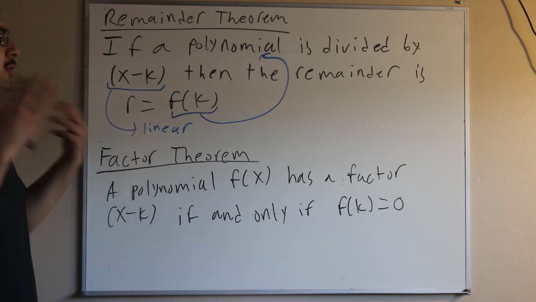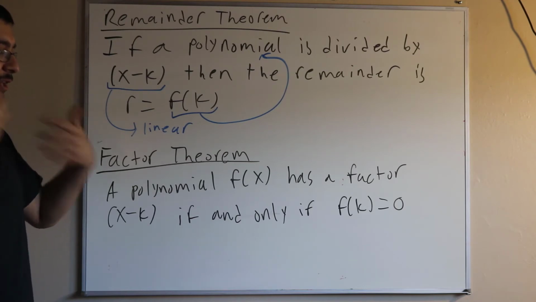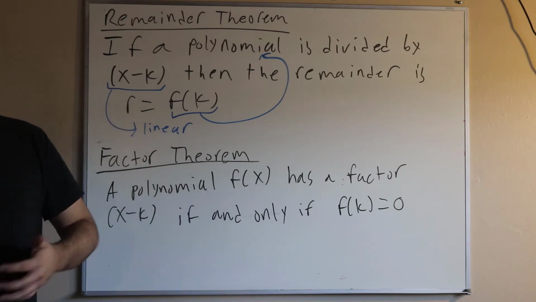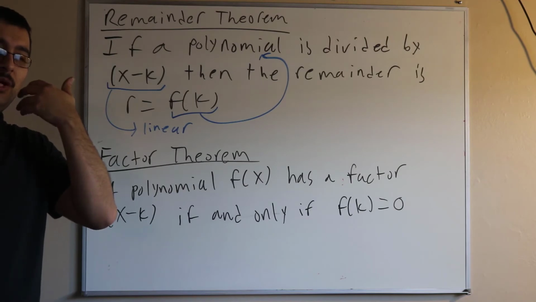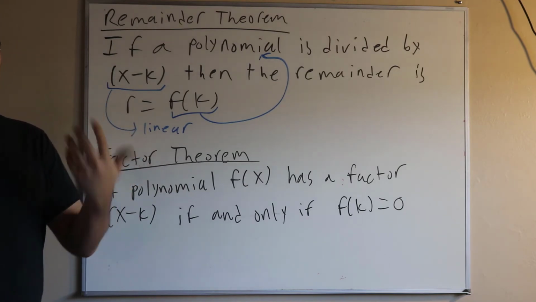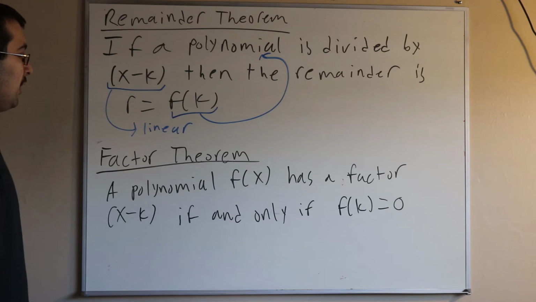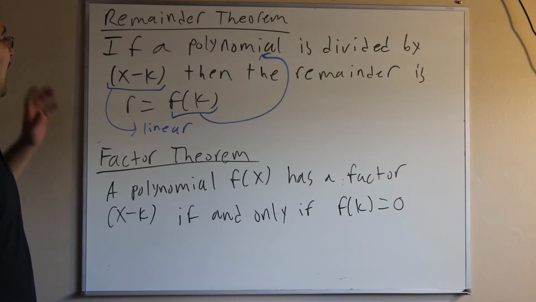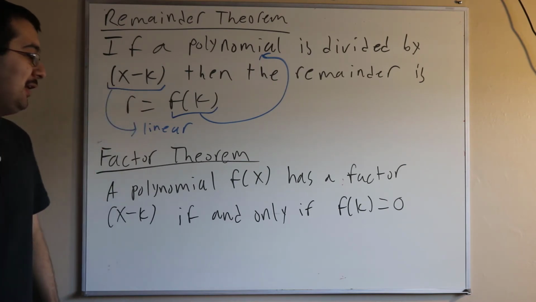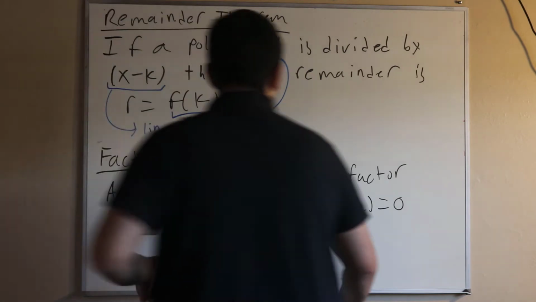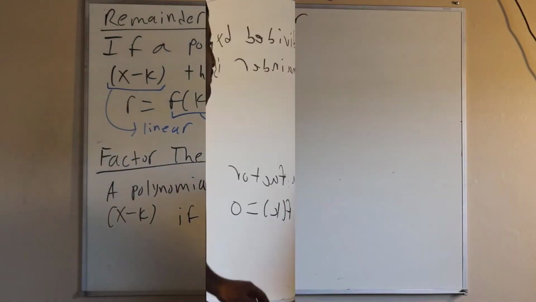Like I said, it's not like you ever say, haha, I'm using the factor theorem here, but it's something we do unconsciously when solving math equations all the time. So two very useful theorems, and we'll see them in the next example. So let's go ahead and get into it.